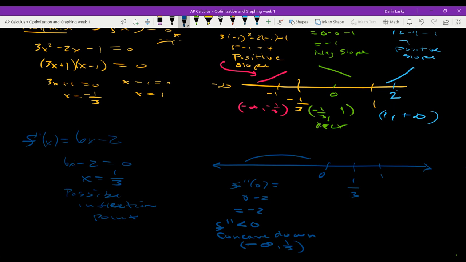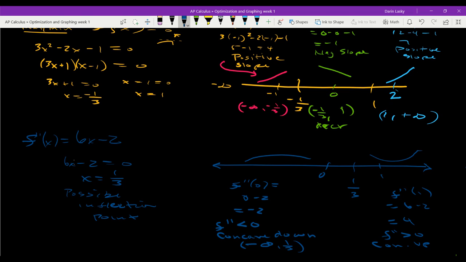So f double prime of 1, I'm going to get 6 minus 2, which is going to equal 4, which means that f double prime is greater than 0, which means I'm concave up like a cup. So that means I've got a curve that's going to be going up to the right.